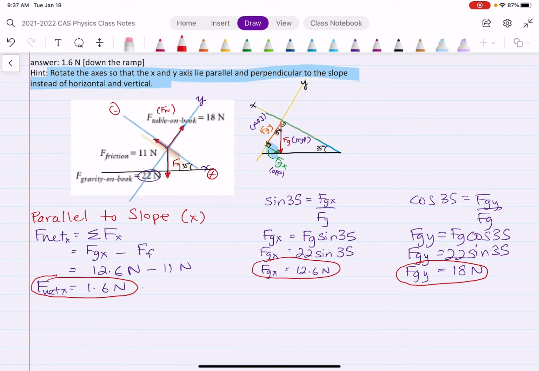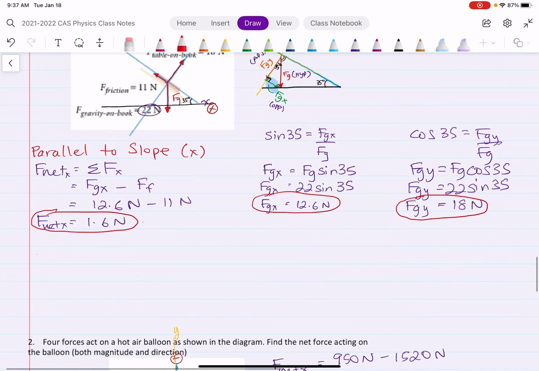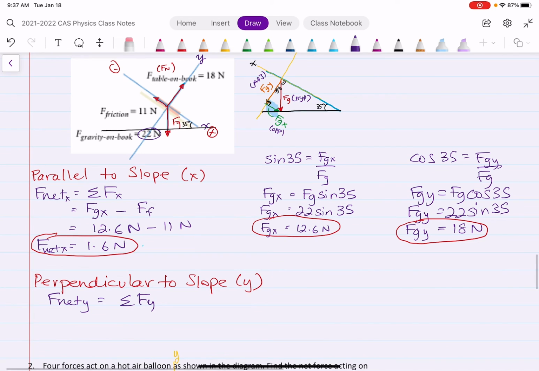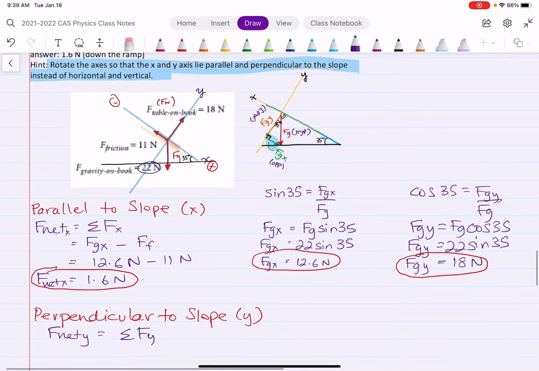So that's one part. Now let's go perpendicular to the slope, or in the y direction. Same idea: F net in the y is equal to the sum of the forces in the y direction. Now what's acting in the y direction? Again, we can choose our sign convention.